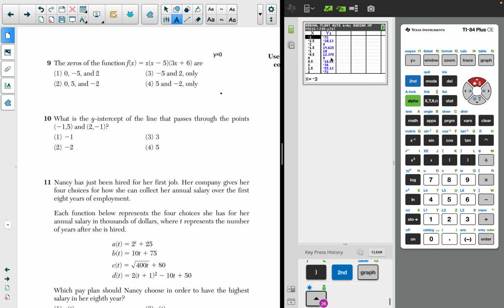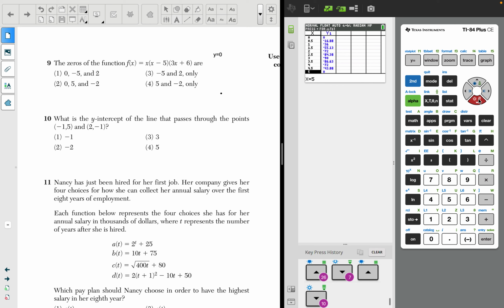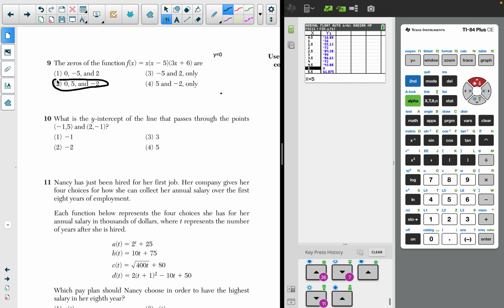So we're going to check the table to see all the values where y equals 0. So you see that we have -2 here, we have 0, and then if we scroll down, we also have 5. So that is our answer, and our answer is number 2.